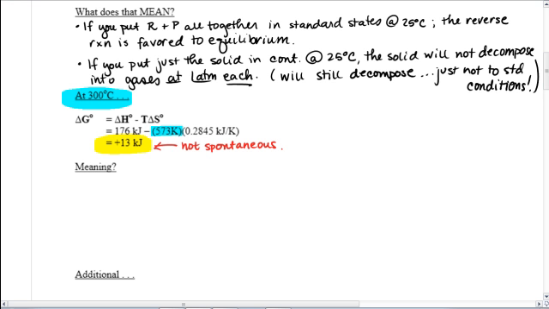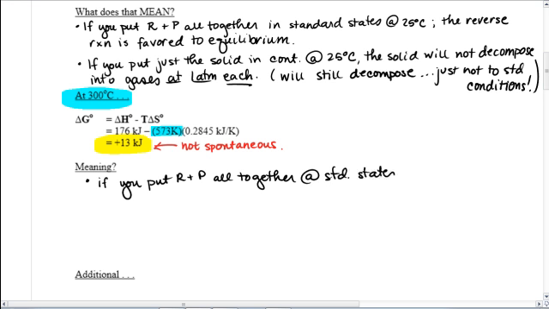All right, so some interpretations of this then. You're going to feel like I'm repeating myself, and I kind of am. So, at 300 degrees, if you put the reactants and products all together at standard states, it's still positive, so it's still true that the reverse reaction is going to be favored to equilibrium.